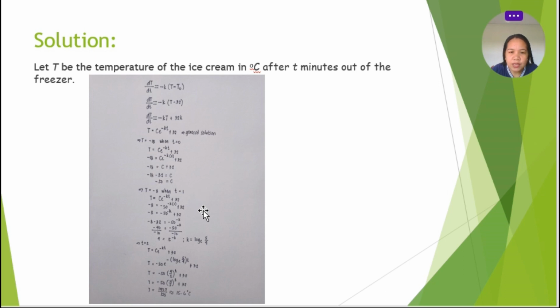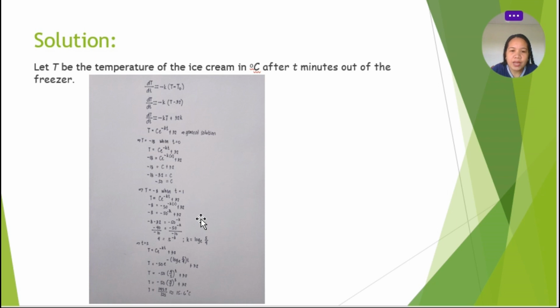So negative 8 minus 32 equals negative 50 e to the negative k. Simplifying, we divide both sides by negative 10. So we have 4 equals 5 e to the negative k. So our k here is equal to the logarithm of 5 over 4 to the base e.